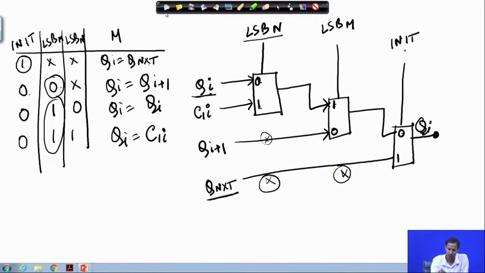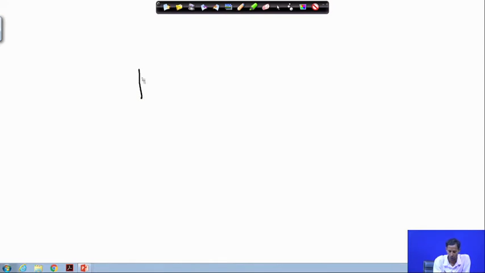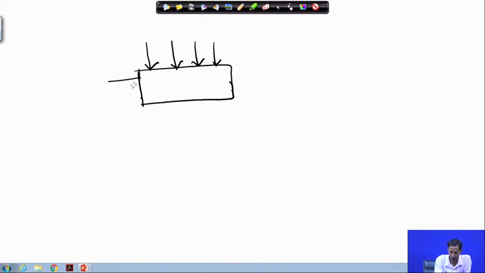If I draw the block diagram, I will have these 4 inputs and these 3 control signals, which will produce the corresponding m.